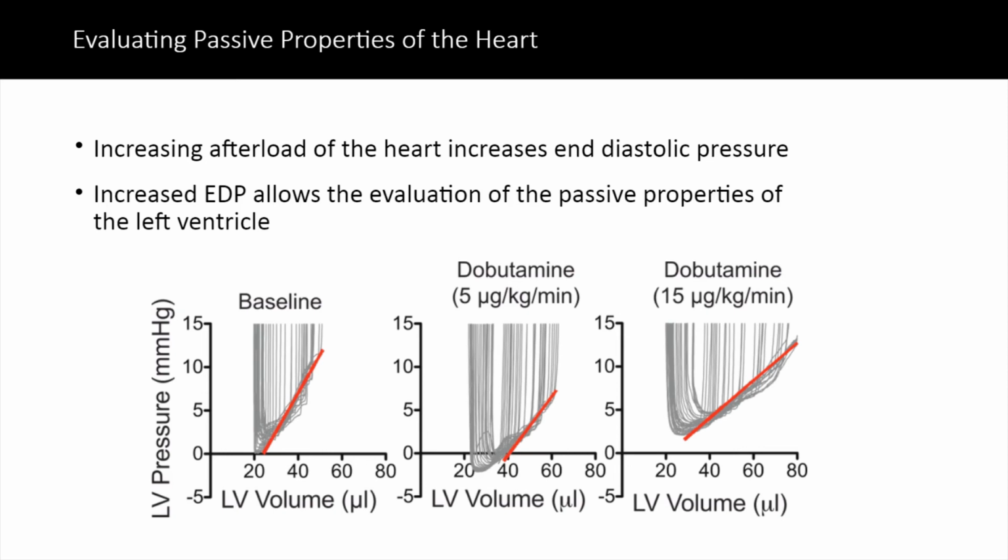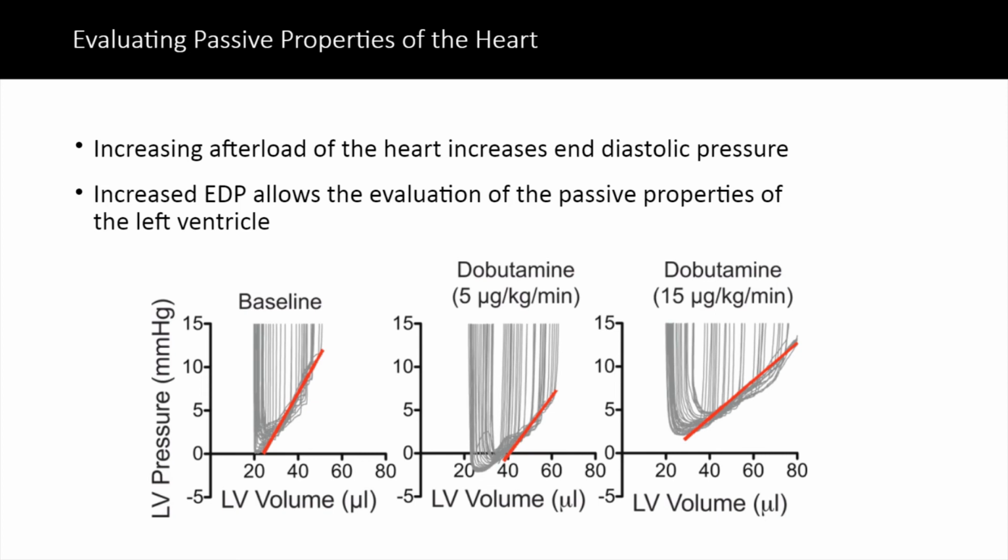In a mouse, this is our baseline data where we find that, at least in our data sets, a linear end diastolic volume and diastolic pressure relationship is fit pretty well with a linear model. You can see this is a useful model at baseline, and then we add a little bit of dobutamine, and you can start to see this shifting of the slope. So it's becoming less steep. The ventricle is becoming more compliant as you increase the amount of dobutamine.